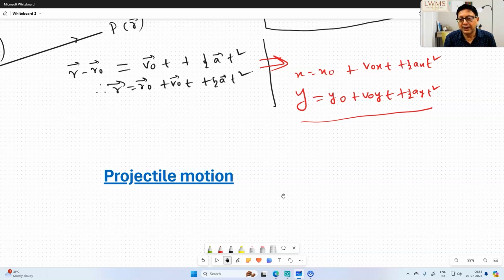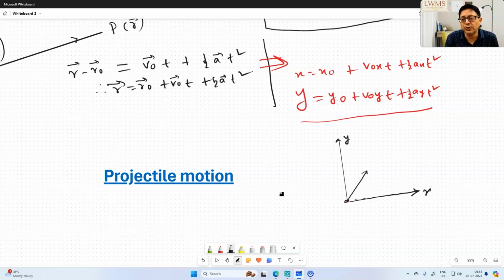First, let us discuss the case where a projectile is thrown from some point on the ground, where I will be taking the origin. This is our origin. From here, we are projecting a particle. This is the horizontal direction, which is taken as the x-axis, and this one the y-axis.